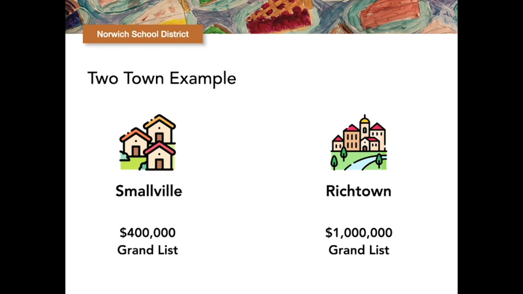Now, let's take a look at another town in Vermont, a property-rich town called Richtown. Just like Smallville, Richtown has only one school with one student and only one house in town. But the difference is that the house, and therefore the grand list, is much greater, $1 million.